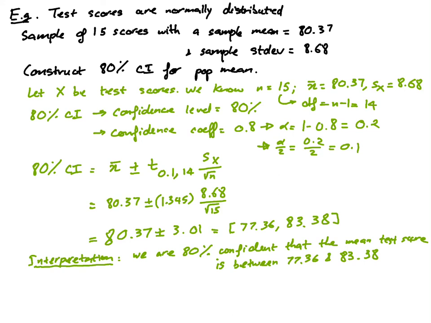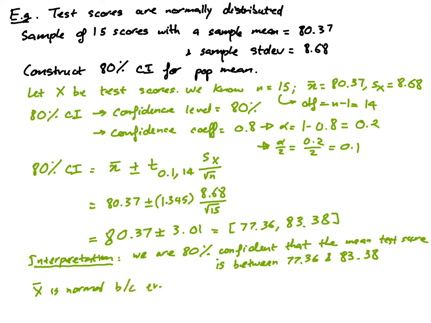Now, remember the second important point we mentioned earlier was that this formula only works if we have the sample mean being normally distributed. Okay. In this case, X bar is normally distributed. Why?